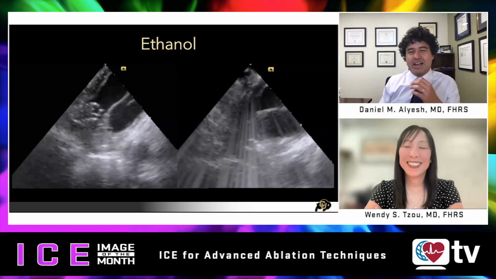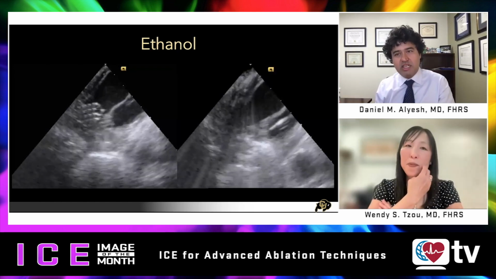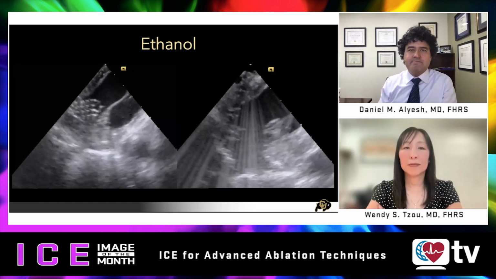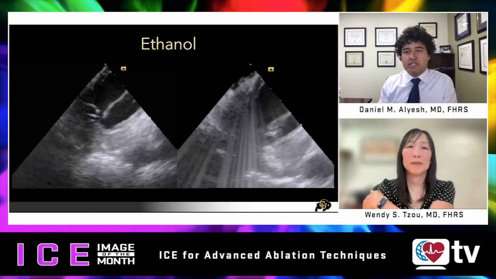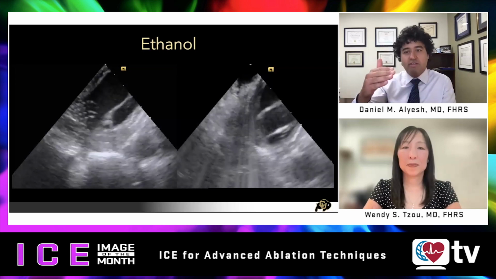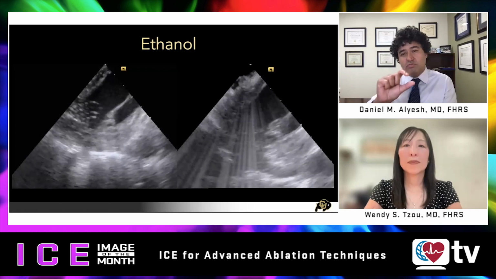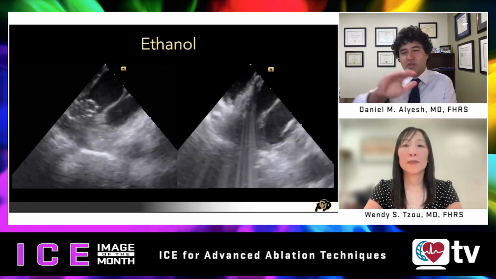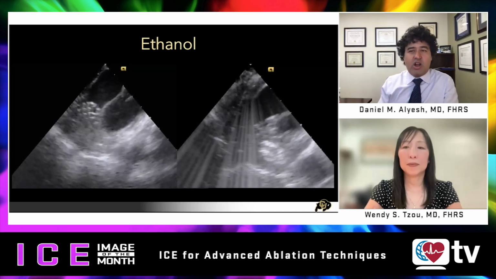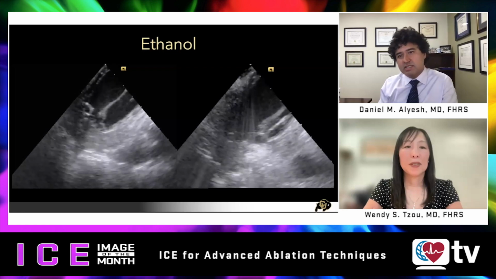High power, long duration ablation is something I've also applied to this substrate, and I find that ICE is critical, because sometimes there's a tissue priming in the initial RF that you can monitor for, that echolucency, as you titrate up to high power, long duration. I'll ask you, are you applying that technology and technique, and are you using ICE in that circumstance?